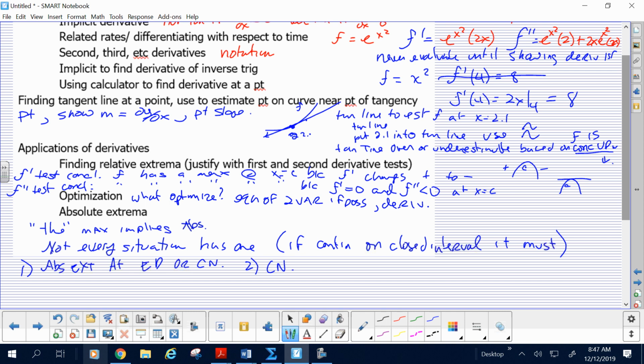The critical numbers are where the rate of change, which often equals the derivative, equals 0. Then you find the value at each candidate. Here's f at this endpoint, here's f at that endpoint, here's f at the critical number. Based on that, the biggest one is this one. And then you conclude. That's step 4, conclusion. Okay?